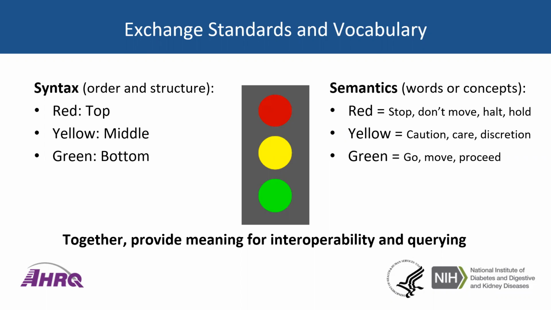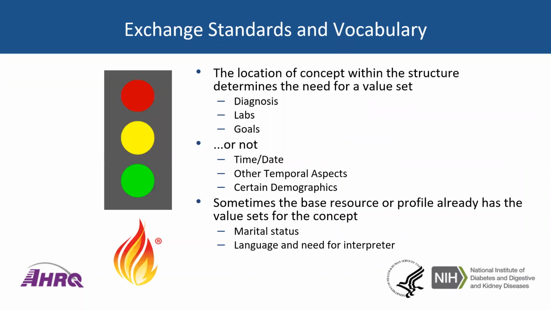The traffic light representation is that this is the particular order in which things always go, and then the semantics are the words or the concepts and what they mean. That would represent value sets.